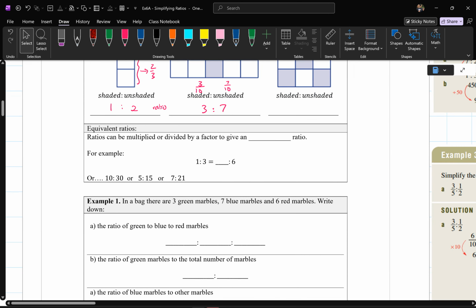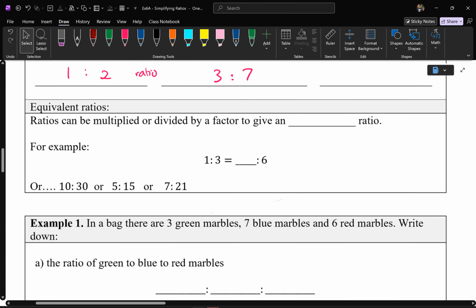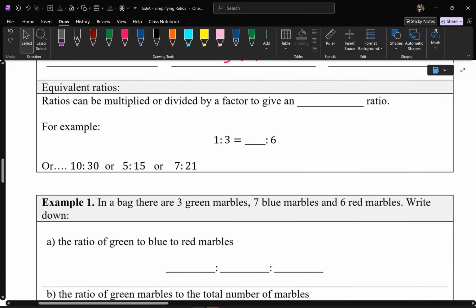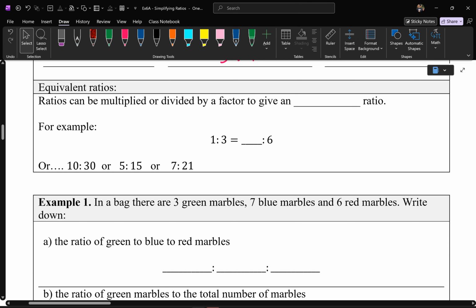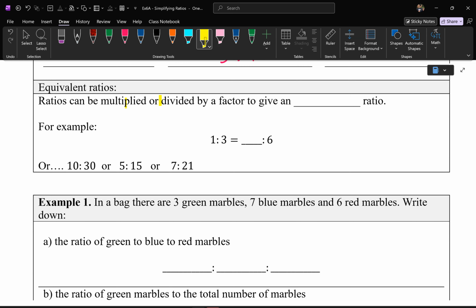So what are the skills in simplifying? Just like fractions, we have equivalent fractions and we have equivalent ratios. How do you simplify them? Same thing. It is multiplied or divided by a given factor. So ratios can be multiplied or divided by a factor to give an equivalent ratio. What's an example?